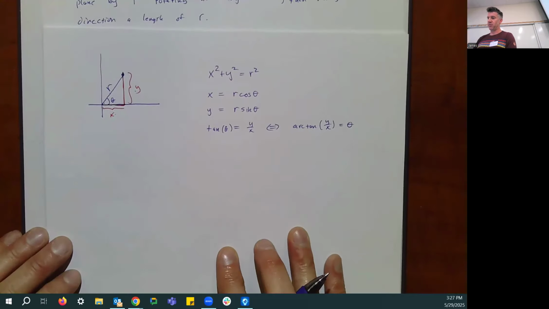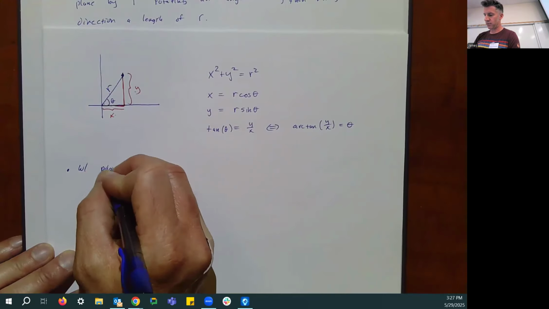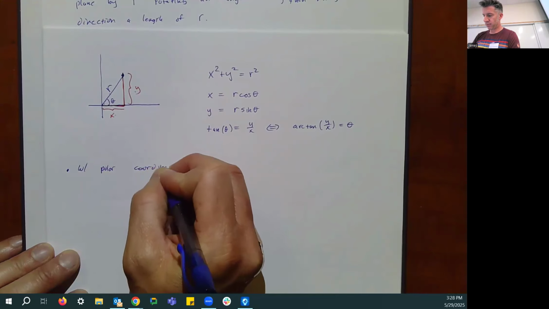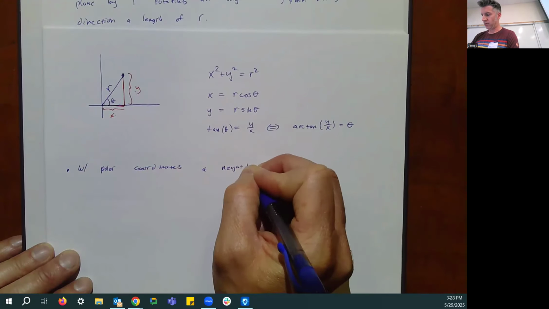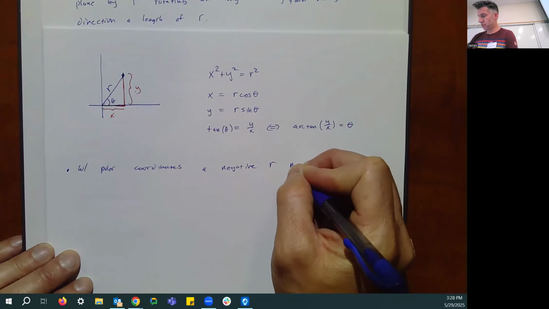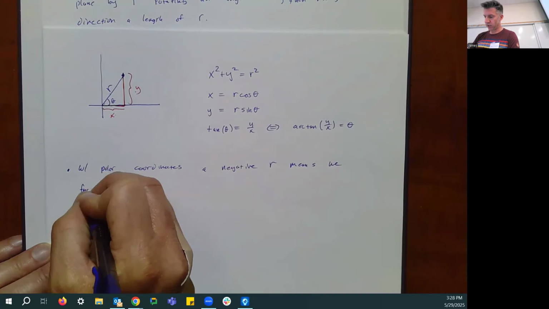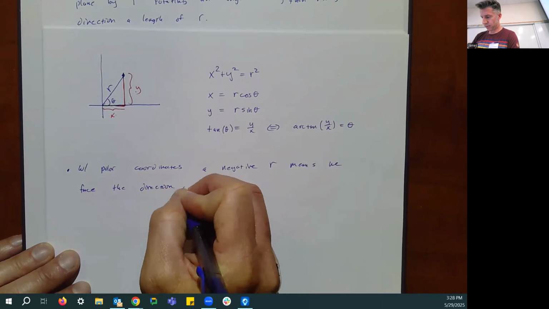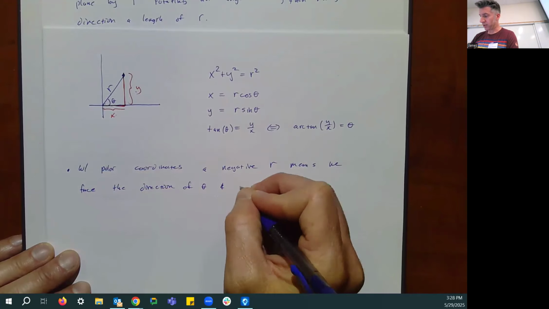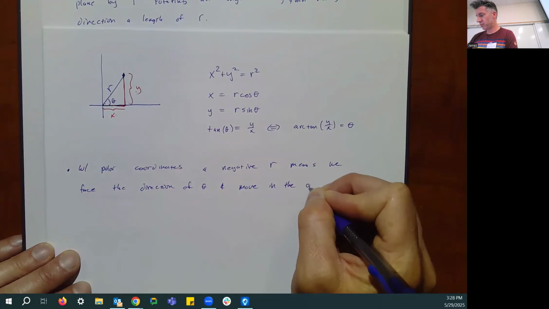A couple other things to be aware of here. With polar coordinates, a negative r value means we face the direction of theta and then move backwards, or move in the opposite direction.